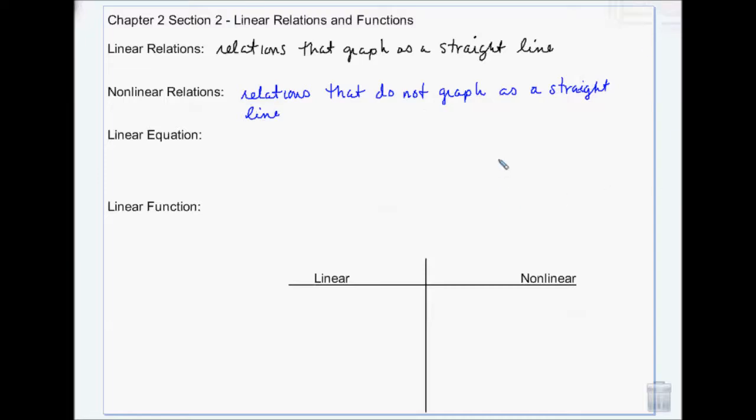Okay, a linear equation is an equation that contains only addition, subtraction, multiplication, and division of a variable by a constant.